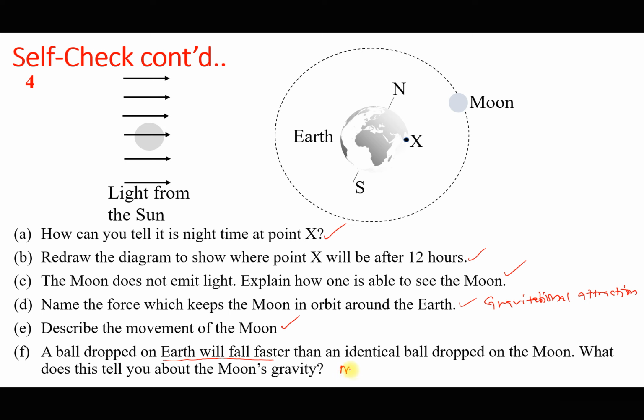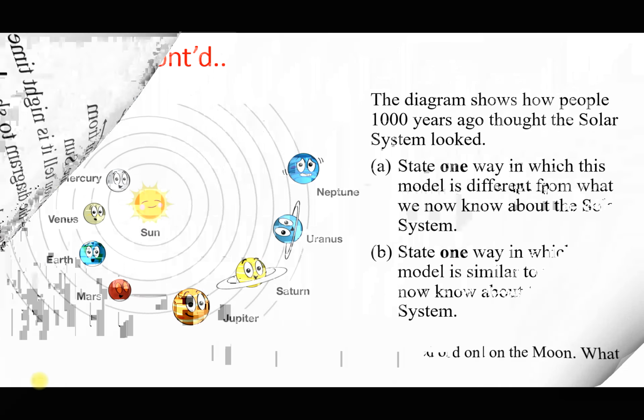So you can say the moon's gravity is very weak compared to the Earth's gravity, and so on and so forth. I will not answer all the questions for the self-check.